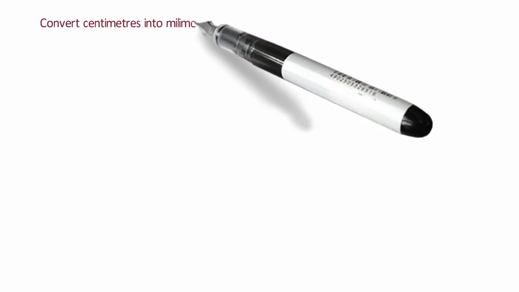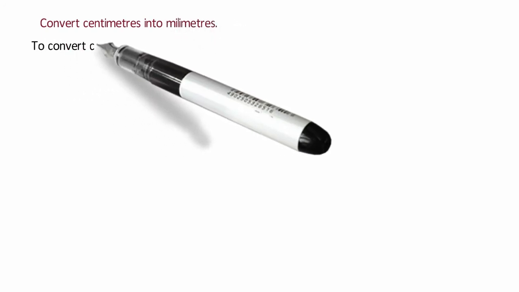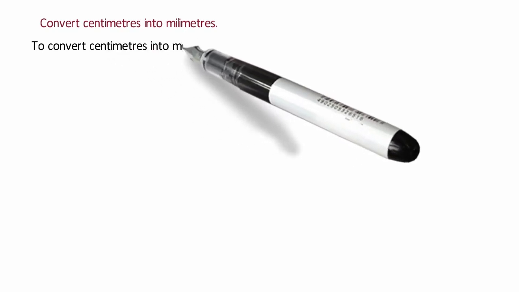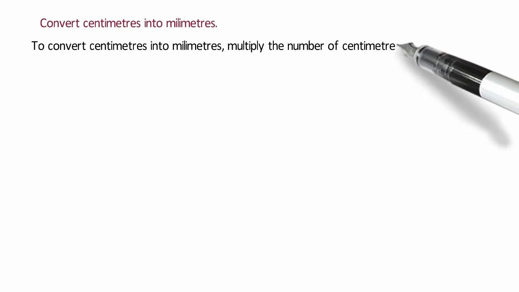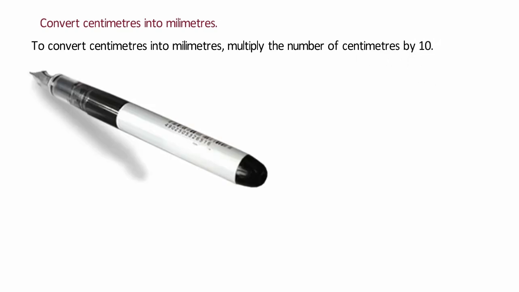Convert centimeters into millimeters. To convert centimeters into millimeters, multiply the number of centimeters by 10.